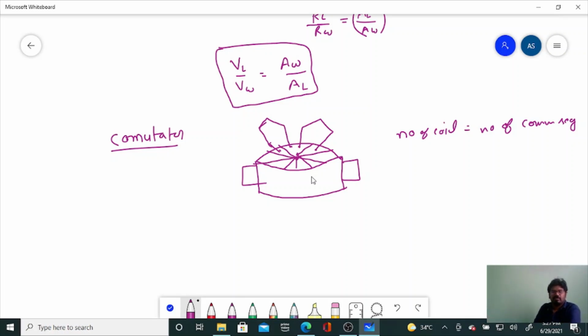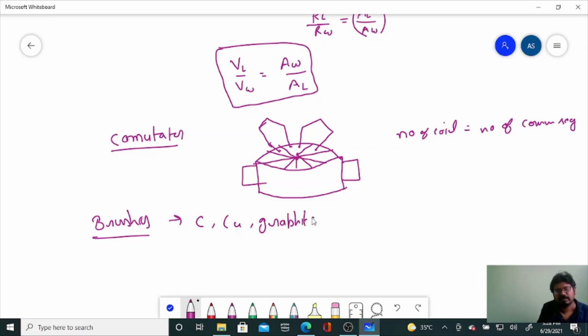So when we talk about the brushes, they are nothing but there to collect the currents. Brushes are generally made up of carbon, copper or graphite. And these brushes are generally held in a brush holder with a spring.